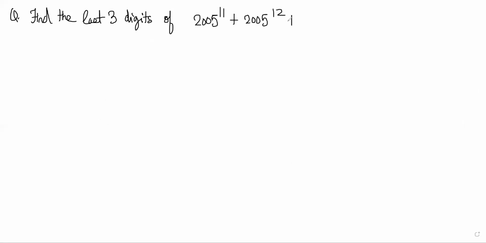The question is this: find the last three digits of 2005 to the power 11 plus 2005 to the power 12, and so on till 2005 to the power 2006.